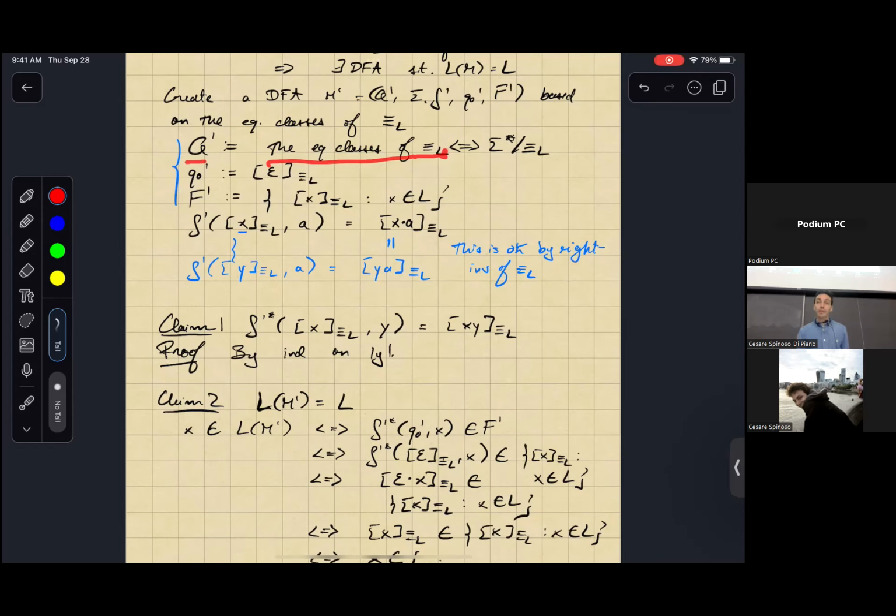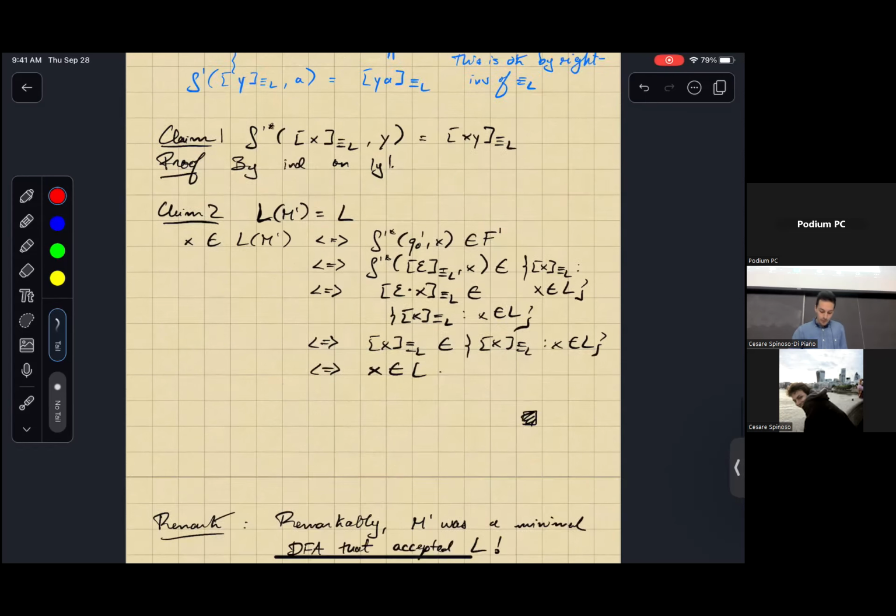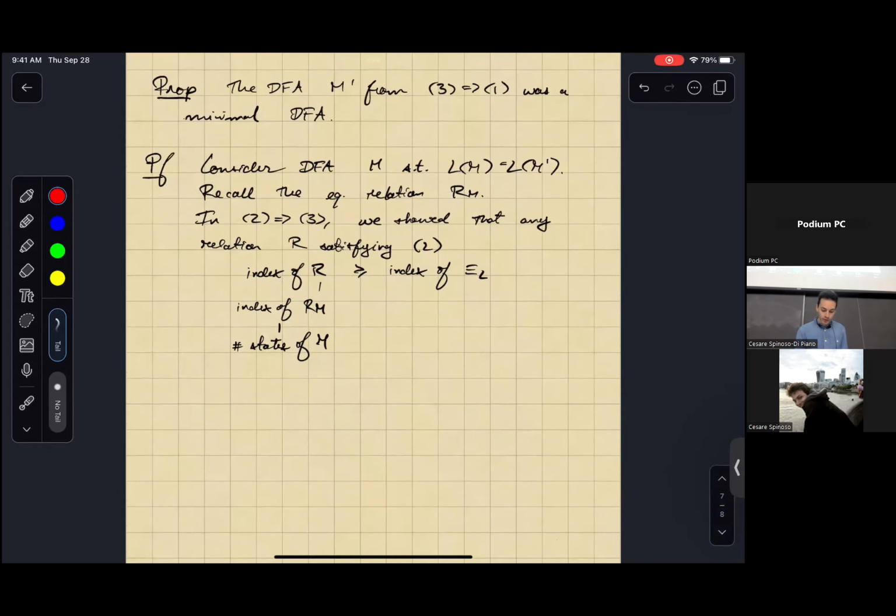And so the number of states of the machine M prime is equal to the index of the Myhill-Nerode relation.